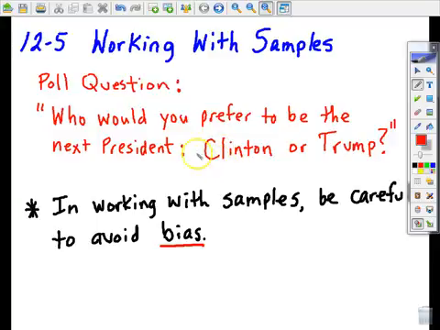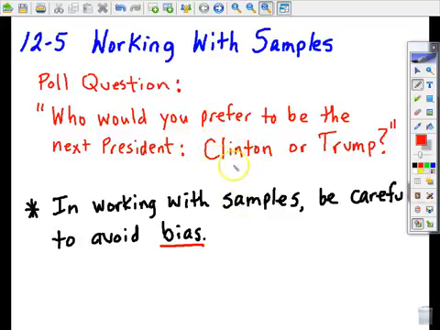So what pollsters do is they pick a representative sample of the country, of the voting public, and they let that sample basically guide the answer to this question. But the key is that it's a good representation of all voters.